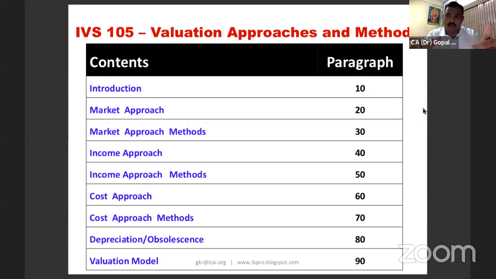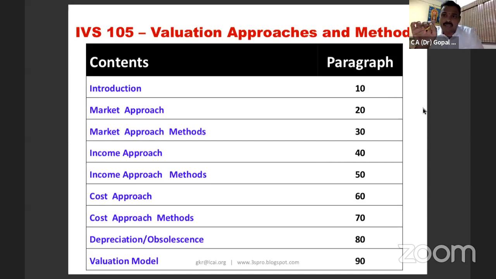And I will also be supplementing through my PowerPoint what the standard prescribes practically. And you have 90 sections. It is not paragraphs, because under each and every section you have the paragraphs.